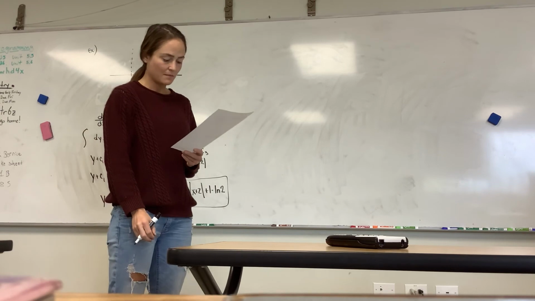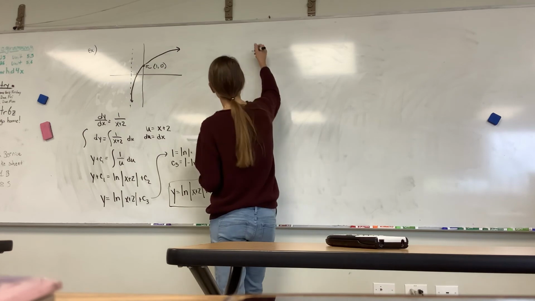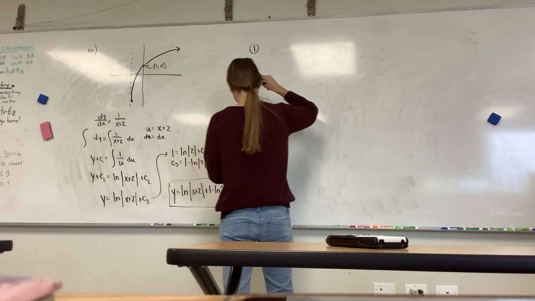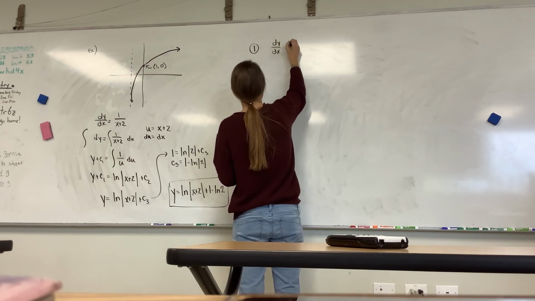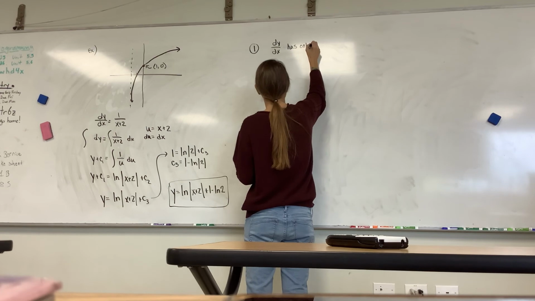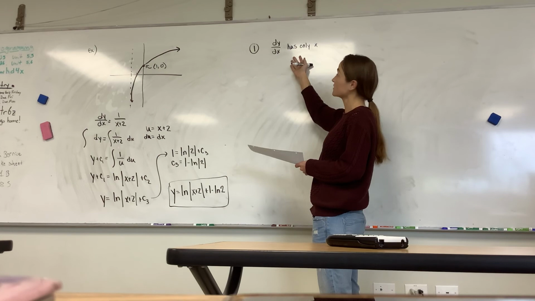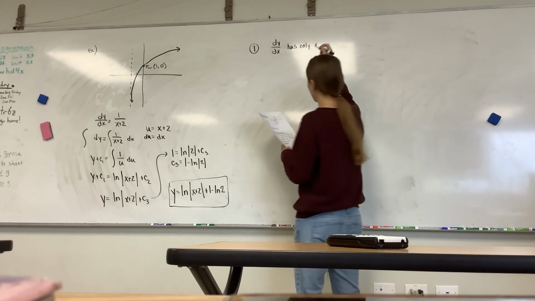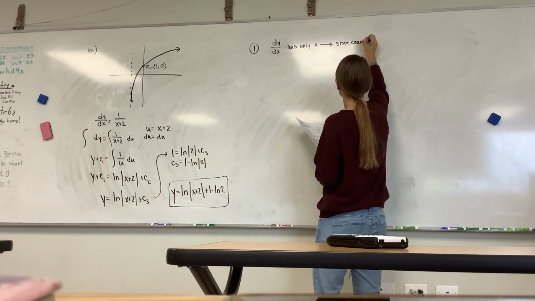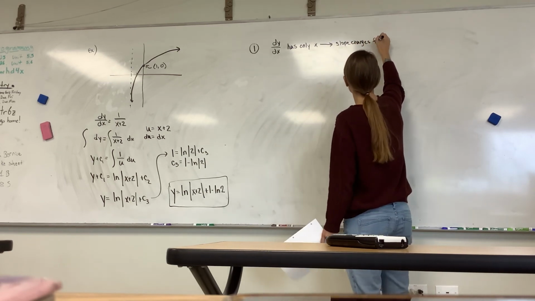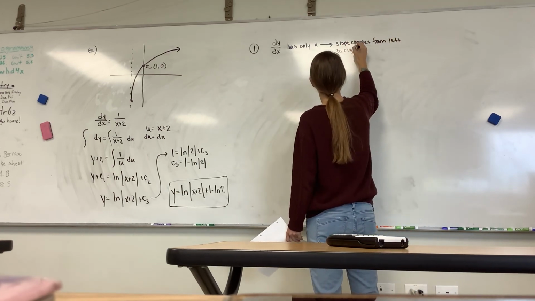Okay. How to distinguish between slope fields. This is just a quick summary. One thing that you should always note is if dy/dx has only x, so if you say dy/dx equals and there's only x, this is like example 1 in our notes, then the slope changes from left to right only.